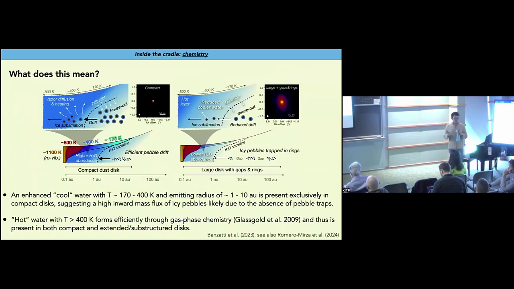If there are a lot of substructures, in this particular case, I'm talking about pressure bumps, rings and gaps, which we do see with ALMA in many disks. This one in particular also has rings and gaps. If there's a pressure bump, pebbles migrate in, but they are just trapped there and they cannot penetrate. They cannot move inward anymore. So that's what they propose. So there are a lot of gaps and rings in between before you reach the water snow line. So there are not many or any pebbles coated by H2O penetrating this line, and there's no water. Thank you.